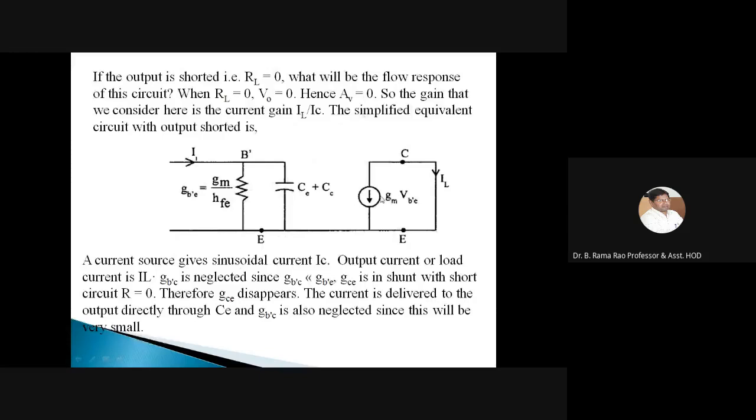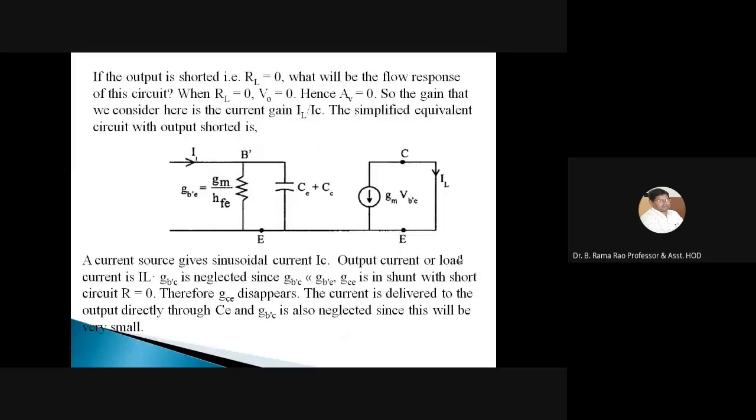In this circuit the output voltage is 0, so the voltage gain is also 0. The gain we consider here is the current gain, which is output current by input current. Take this equivalent circuit, find the output current, and finally achieve the expression for Ai.